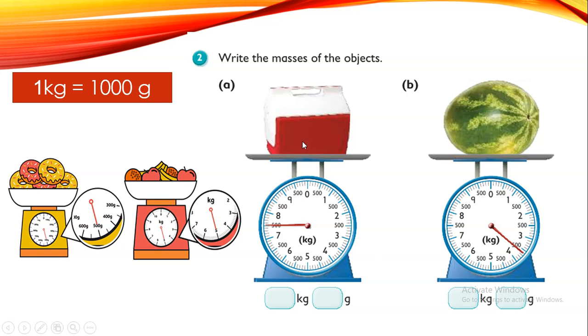Now the exercise: write the masses of the objects. Let's start with A. You're going to read the scale. See? 1, 2, 3, 4, 5, 6, 7. That's kilograms. 7 kilograms and 500 grams. That's 7,500 grams.